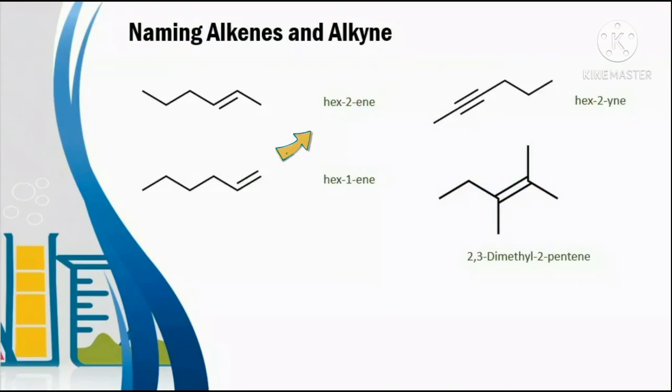Hex-2-ene. The reason for such a name is because the longest chain of carbon atoms is 6. Hence, as indicated by the prefix in naming alkenes, the lowest possible number will be used to describe the double bond. And in this case, it is located at the second carbon atom from the left. Number 2 will be used in naming it.